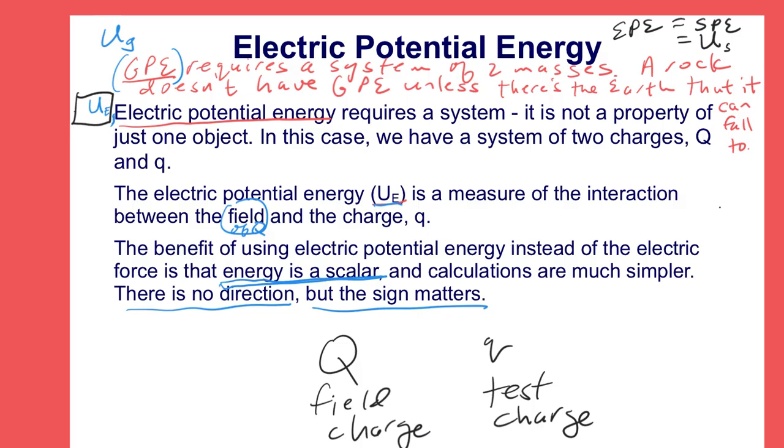We talk about the electric potential energy of the system rather than of one of the charges. You need two charges, just like you need two masses for gravitational potential energy. Don't forget, energy is a scalar, so you don't need directions like you do for field or force.